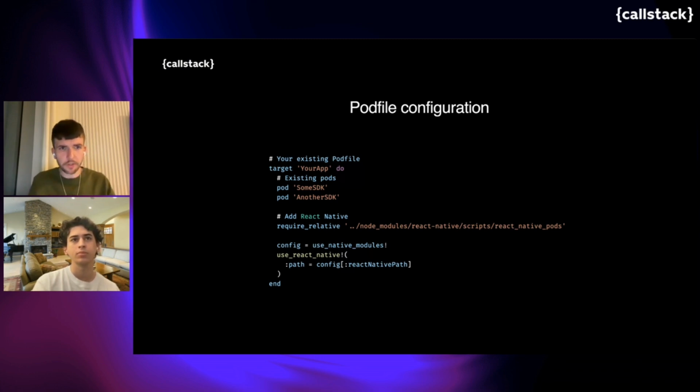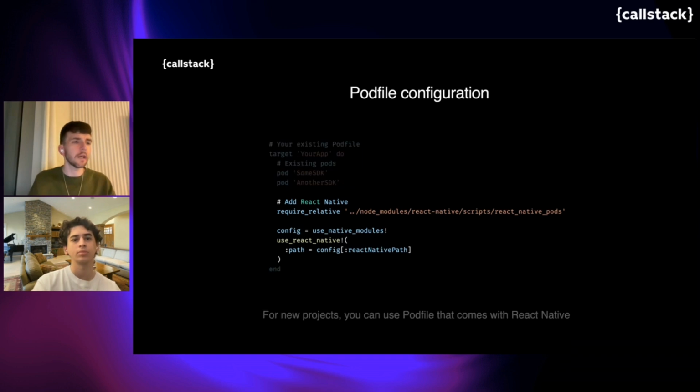So there is a lot of code here, and on the next slide, I have highlighted the actual code that is specific to React Native. If you're starting fresh, React Native provides a Podfile you can use out of the box. Either way, the end result is the same. You have this Podfile, and that Podfile will generate an entire Xcode workspace when you run pod install, which is the next step.